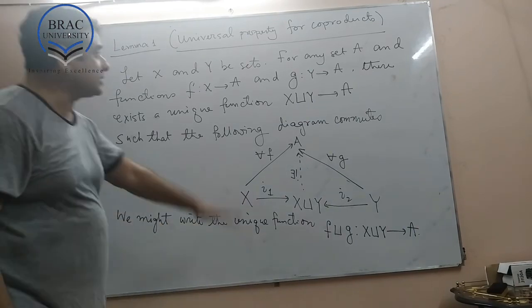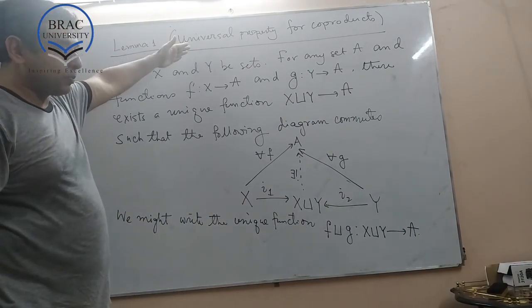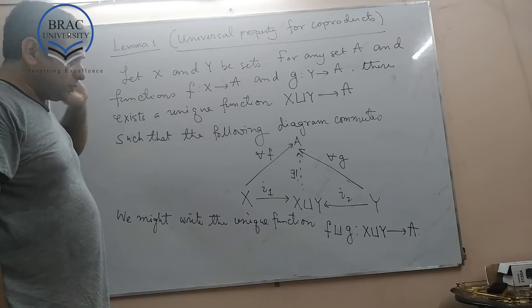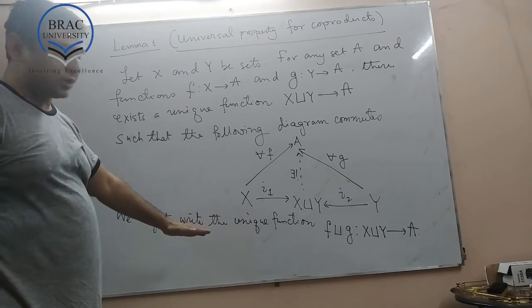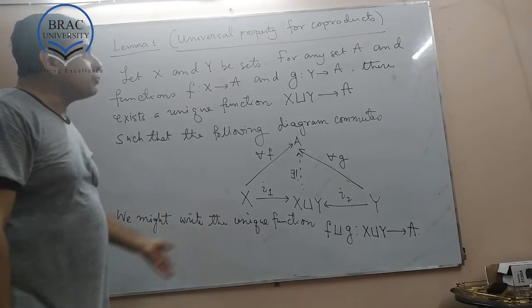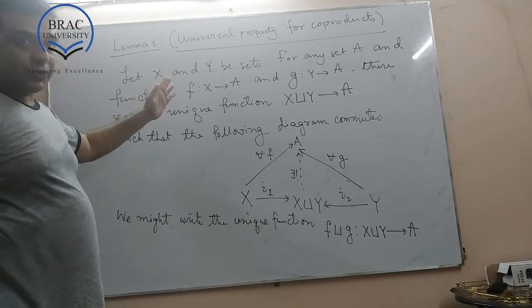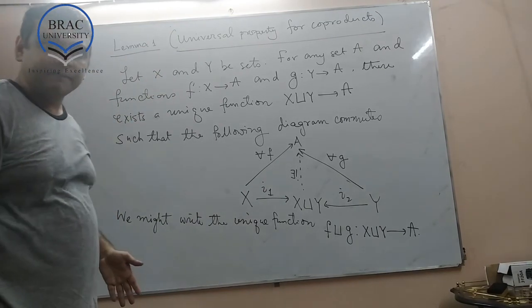Alright, so this was the statement of the universal property for coproducts. So we'll finish this segment here and we'll carry on with the proof of this universal property of coproducts in the next segment. Thank you very much.